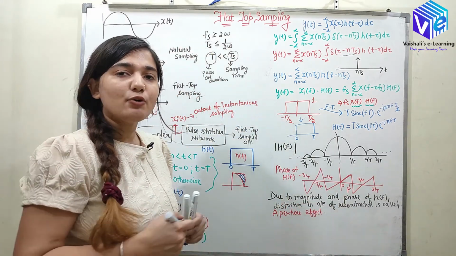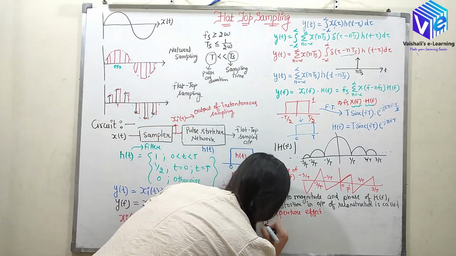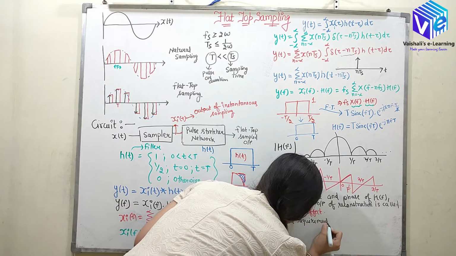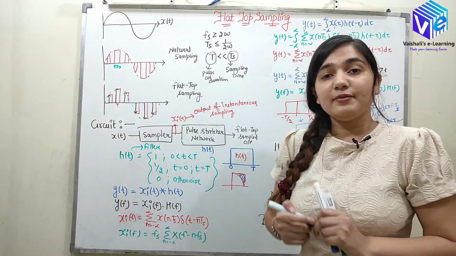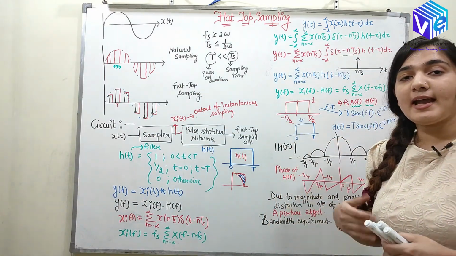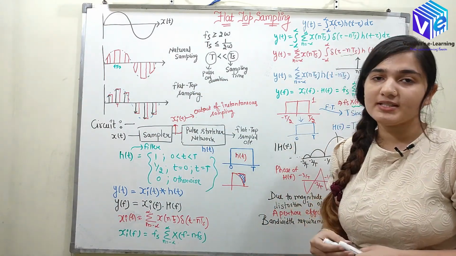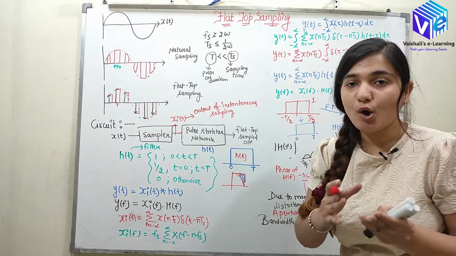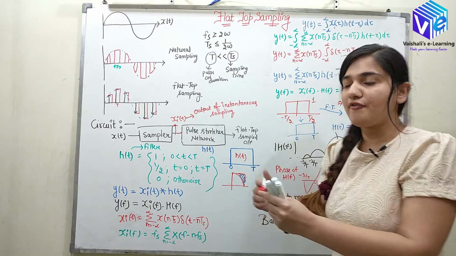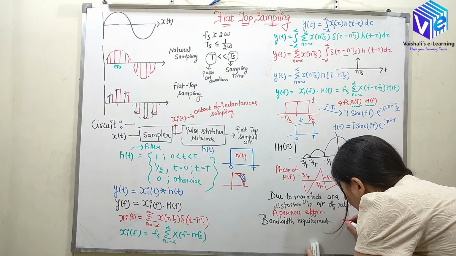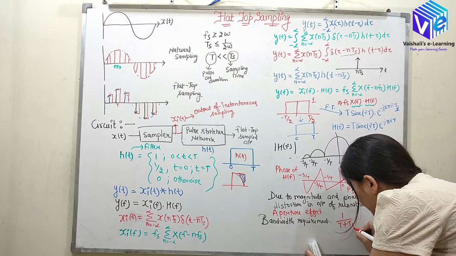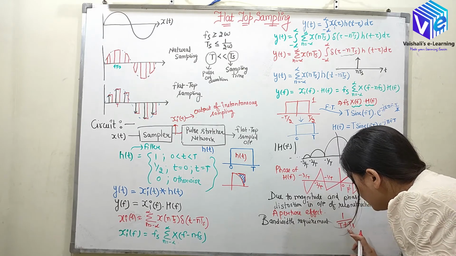Now we'll be talking about the bandwidth requirement. So the bandwidth requirement would be calculated from the highest frequency. So the highest frequency is when the on time is equal to off time. So now if I am talking about on time, it is represented by T, and the off time is represented by T1.